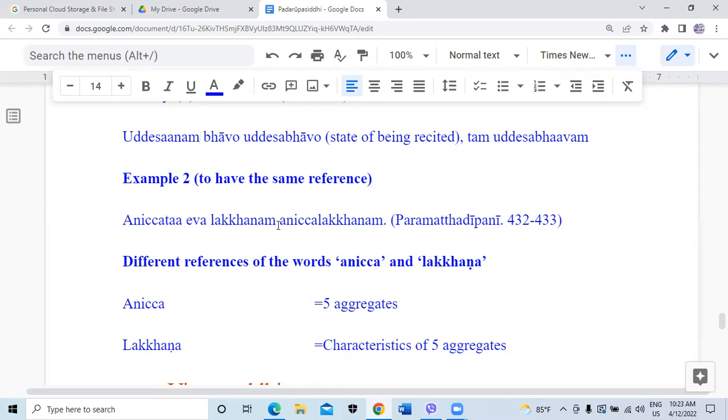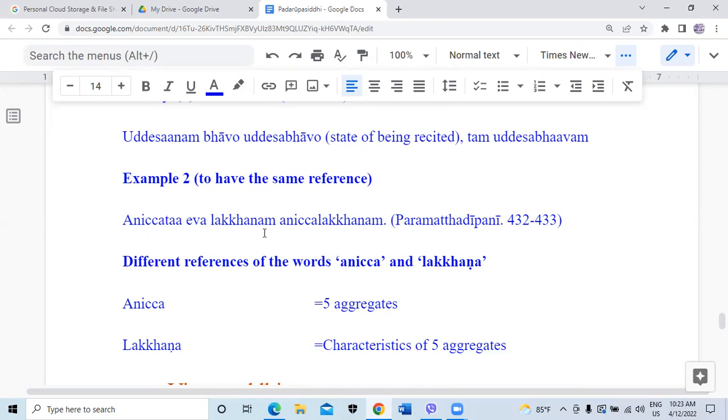That's why Sayadaw put this bhava word, anicca. If we refer to jāti, we can make it singular with her also. Be careful. As anicca or anicca refers to five aggregates, you know, five khandha, pañcakkhandha.